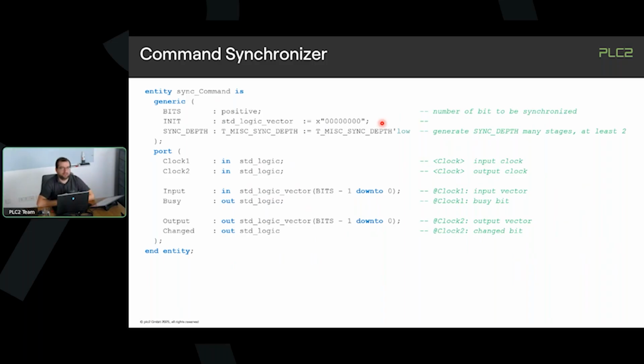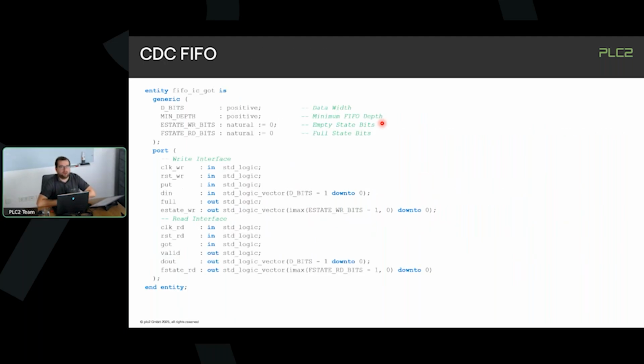So these were the combinations of 1 bit versus n bits and strobe versus flag. I also want to show how the interface looks for our CDC FIFO. As I said, it's called FIFO EC GOT. We have an independent clock.